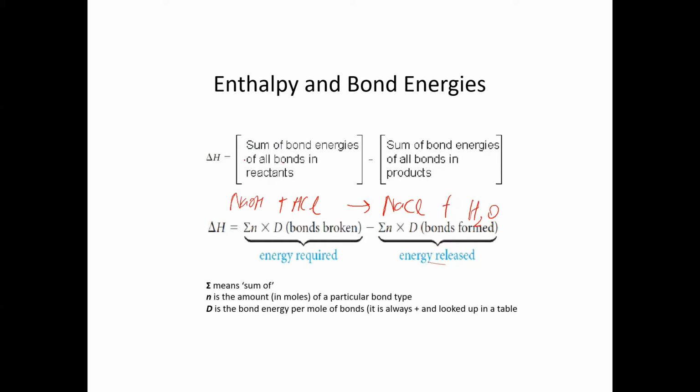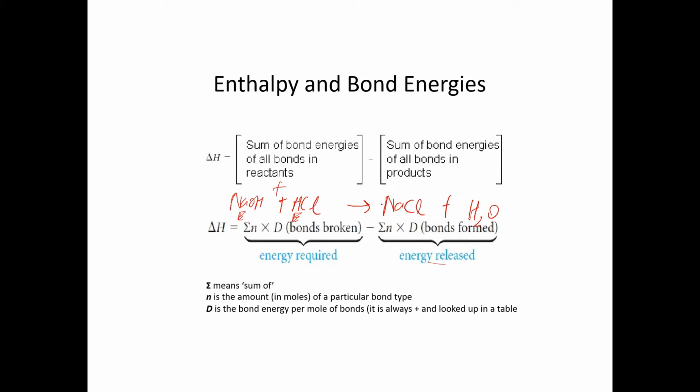So what we do here is take the sum of the bond energies of the reactants times the bonds broken. Basically, this is just 1 to 1, so nothing really multiplies here.